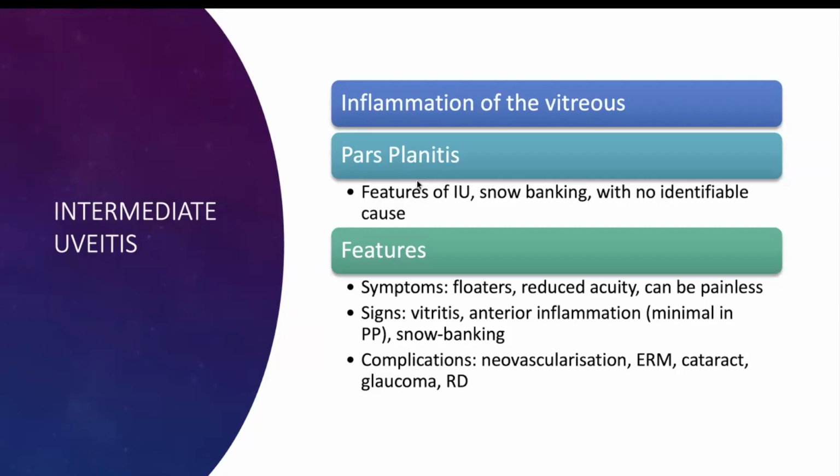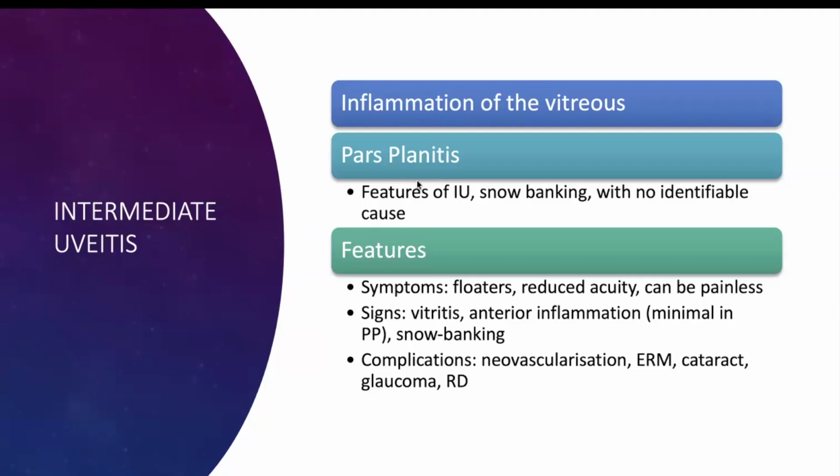Whereas the features of intermediate uveitis, you can think about as symptoms, signs and some complications. The main symptoms that patients with intermediate uveitis present with are usually visual symptoms, so things like floaters, potentially a reduced acuity. But importantly, it tends to not be as painful as an anterior uveitis, and that's because your iris isn't involved.